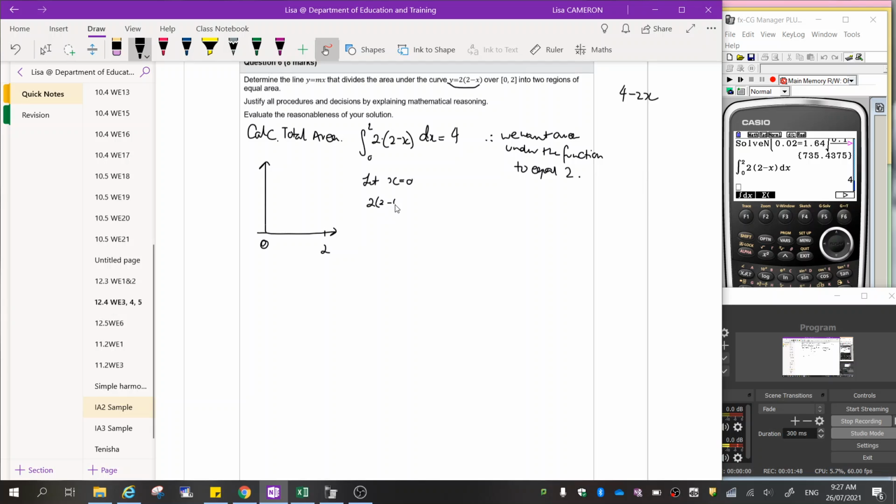So 2 minus 0 equals 4... so when x is at 0, y is at 4. Our next one is when x equals 2, y equals 0. So that's my other coordinate. Now we can join them with a line.